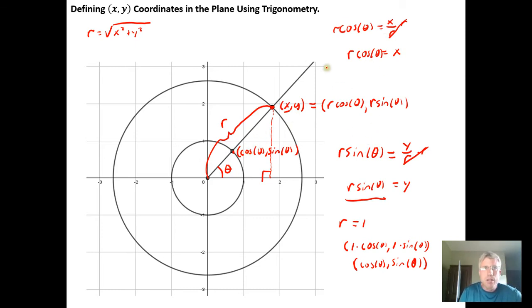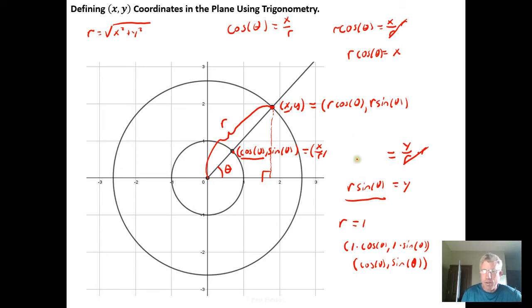Note that the cosine of theta, as we mentioned earlier, is defined to be x over r. So if I have any point x, y given by r cosine theta, r sine theta, I can find a point on the unit circle just by dividing x by r. So cosine of theta is the x-coordinate over the radius.